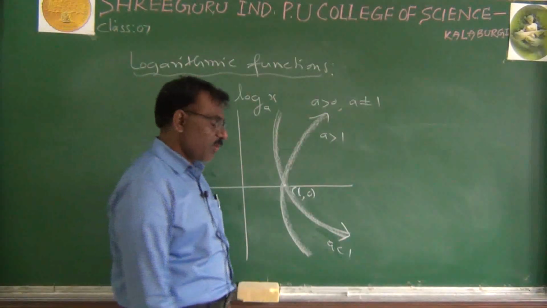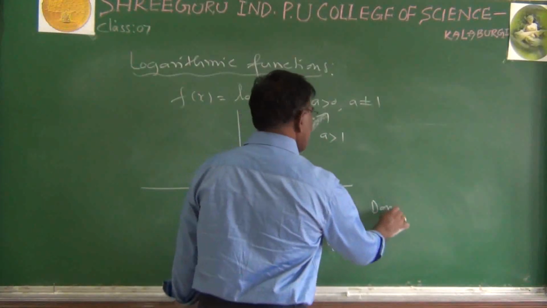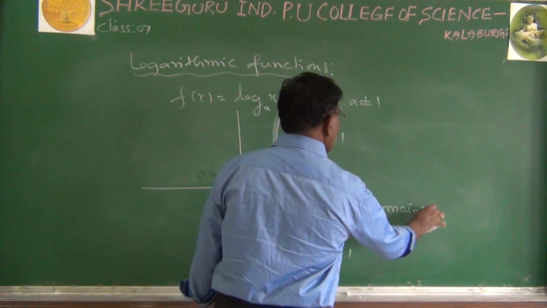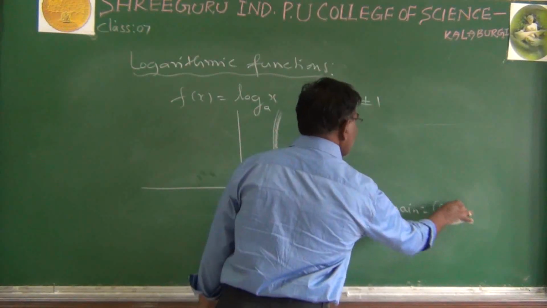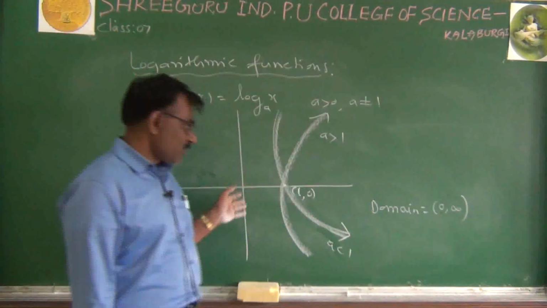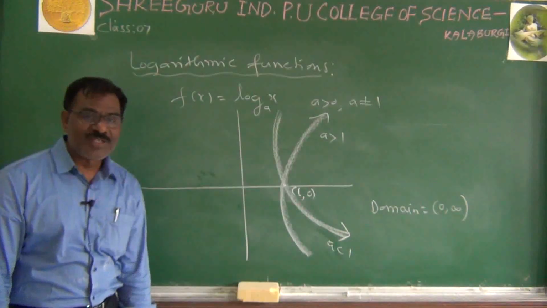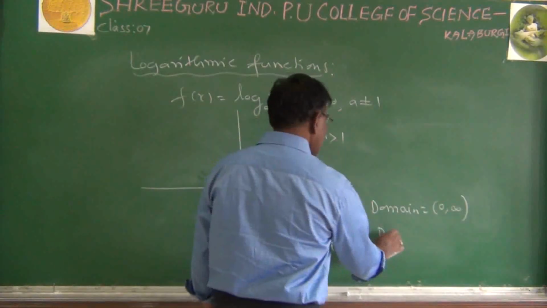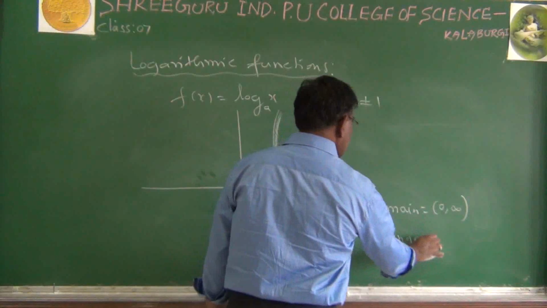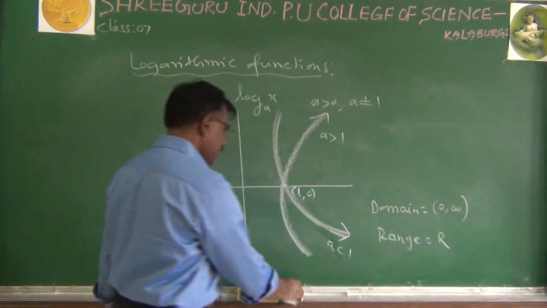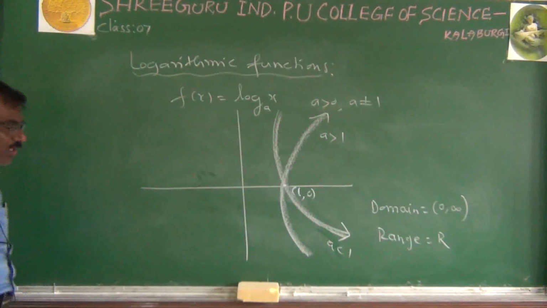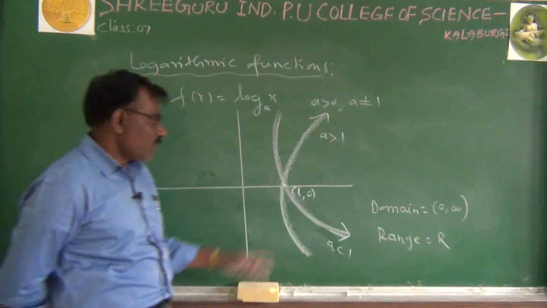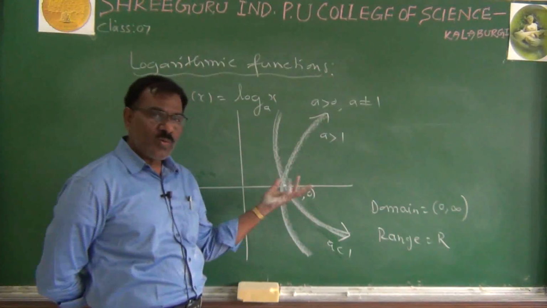Anybody tell me what is the domain here? The domain is 0 comma infinity. The range is equal to R. Very, very important. In this graph you see the point 1 comma 0.